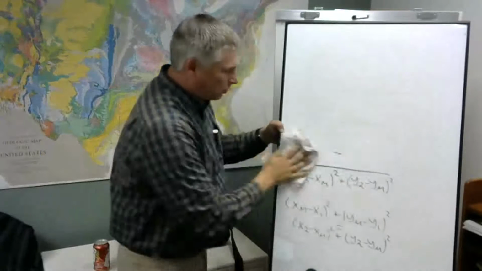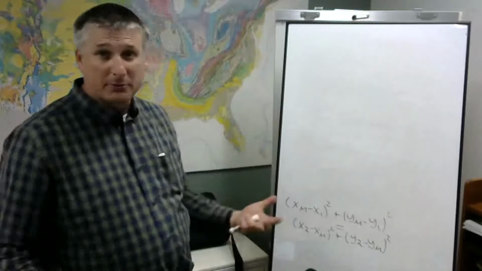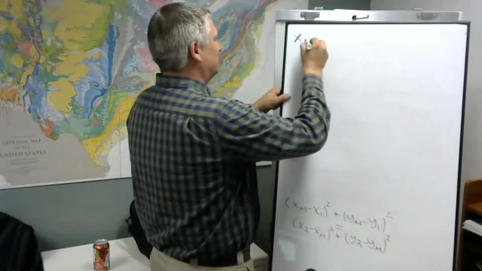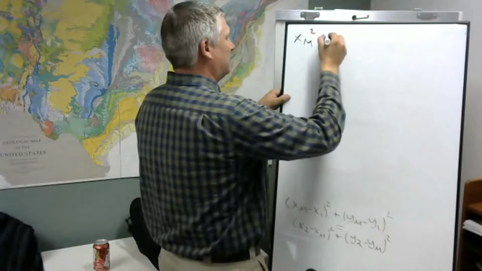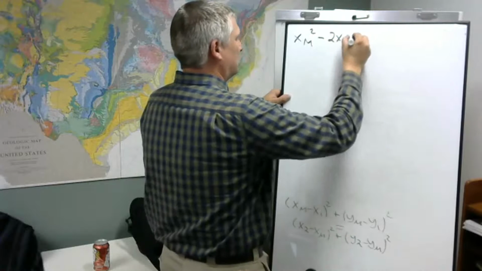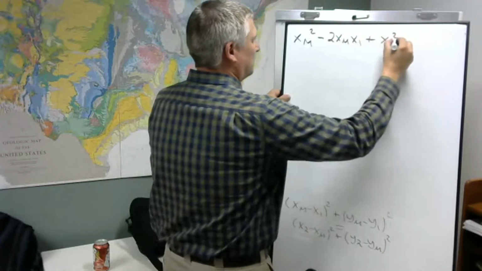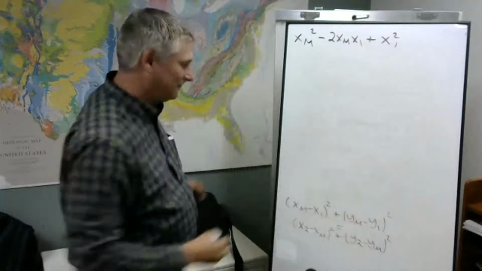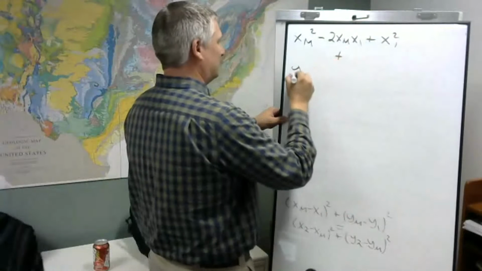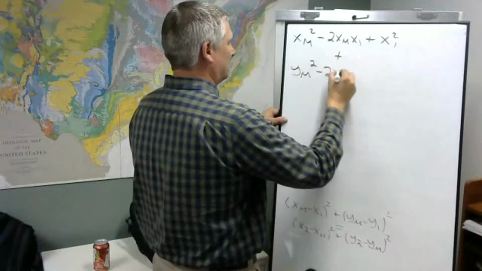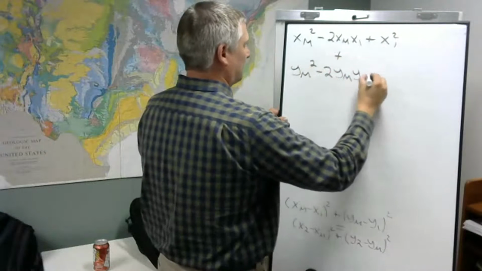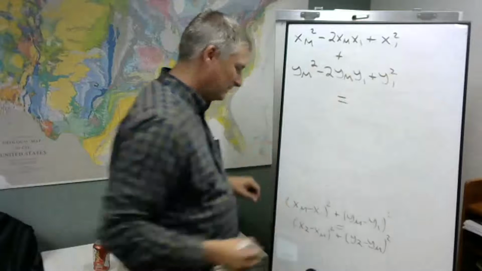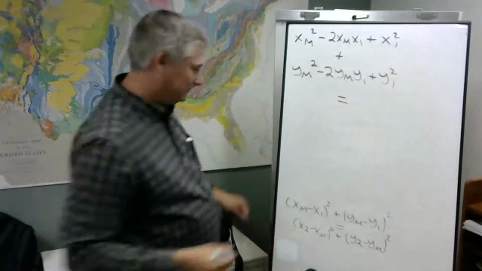So each of these squared parts, these squared terms, we've got to expand. We can FOIL it out. And so what we're going to get. We'll get this when we FOIL this one out. If we FOIL this, well, we're going to get that. Now we can expand this or FOIL it.